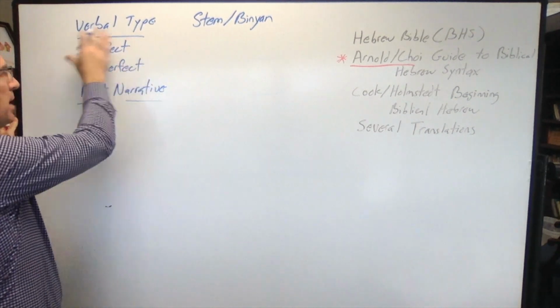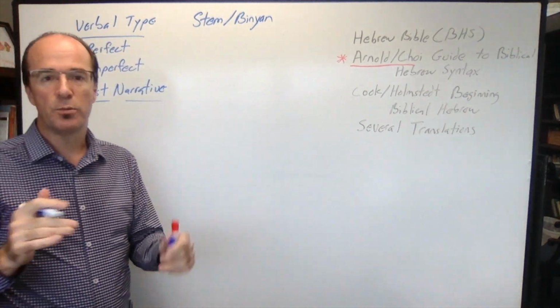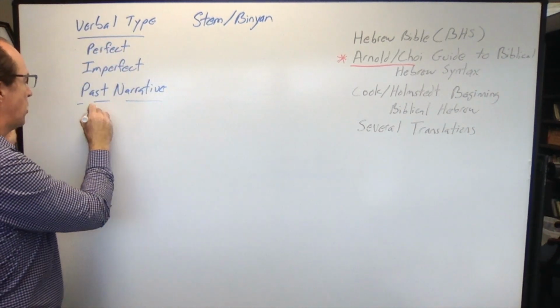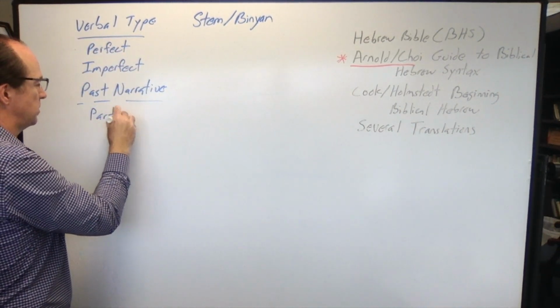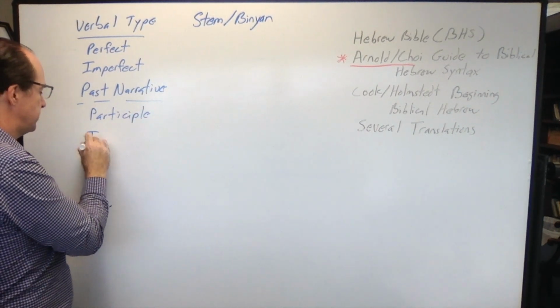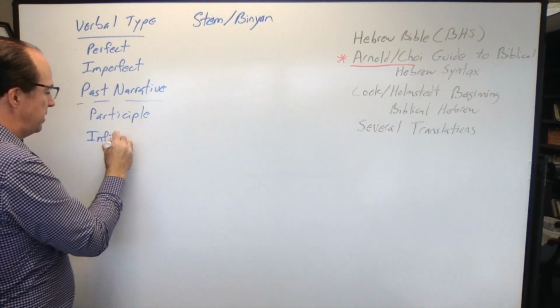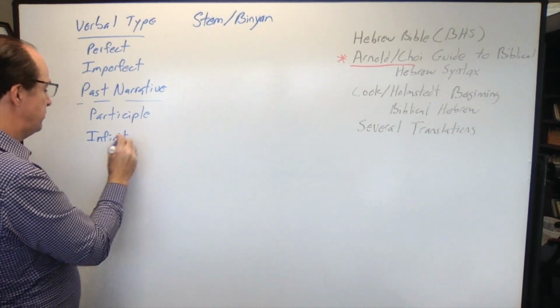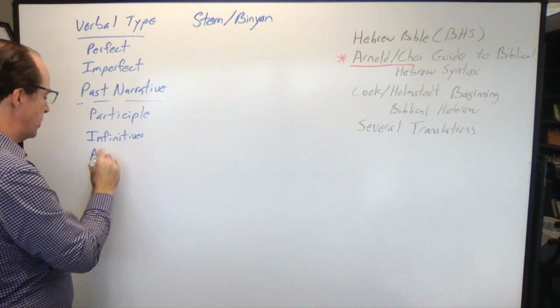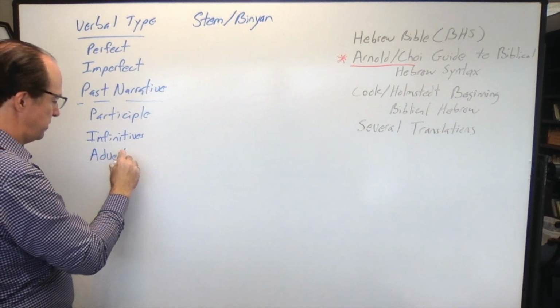These are going to be your main types of verbs, but there are some additional ones that are going to show up. Things like participles. We're going to have infinitives. There are two types of infinitives: there's just infinitives and there's adverbial infinitives.